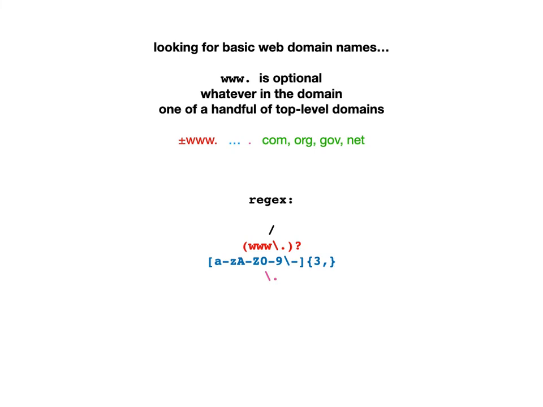Okay, we got our dot, backslash dot to say, hey, make sure this is an actual dot, actual period. And then we can select from a set that we know: com, org, gov, and net. So com, or org, or gov, or net in this group. And we end it.